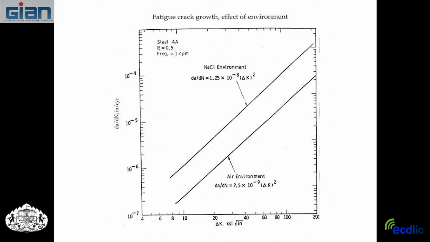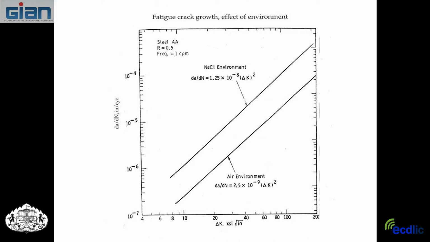Here's just an example of an unknown steel. A lot of times people don't want you to know what material they have, so they give it some letter or something. Here it was tested in air, and then the trend line, da/dN versus delta K, was written in air. So it had a power law, like a Paris law. Here it was done in sodium chloride environment.